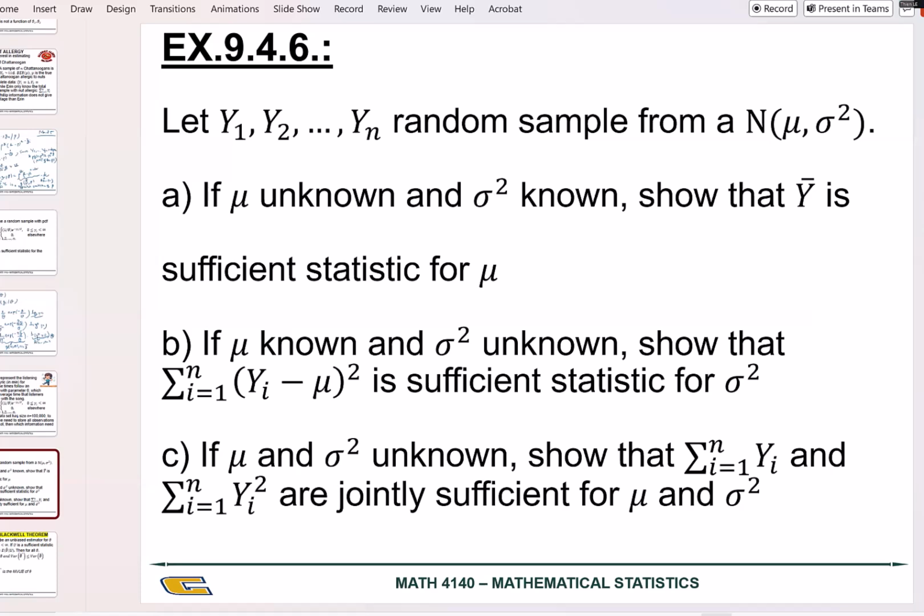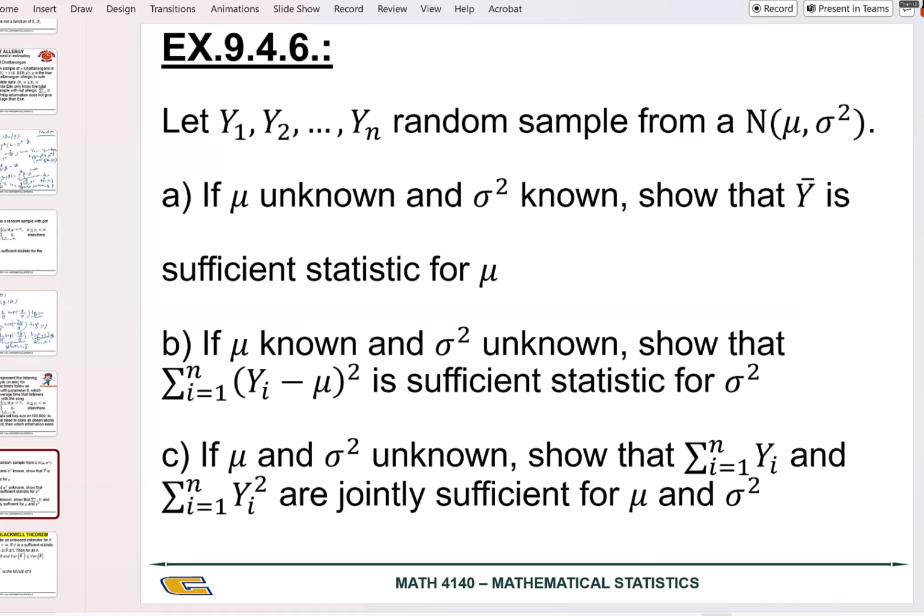The second case, if you don't know sigma square, then the sum of (yi minus mu) square will be a sufficient statistic for sigma square. You can put the 1 over n in, but it won't affect much, because it's 1-to-1 again.